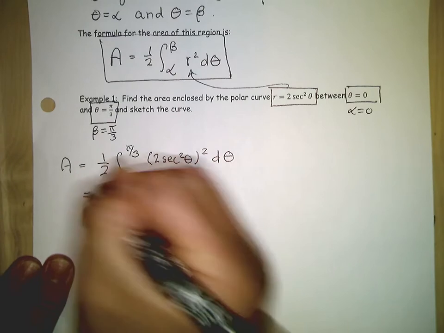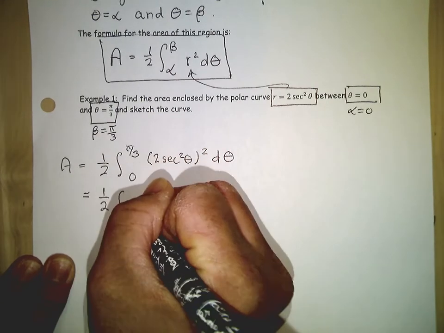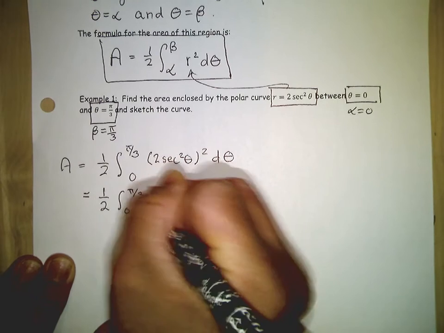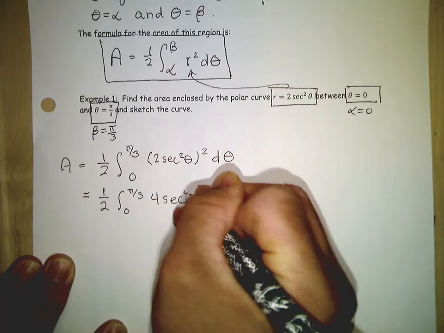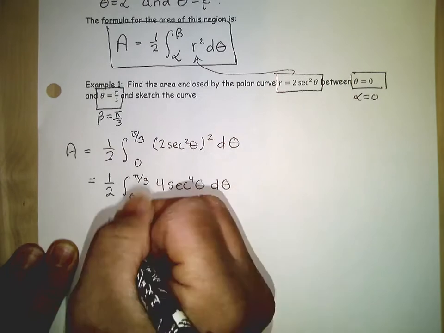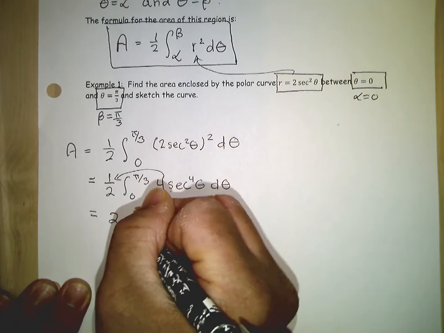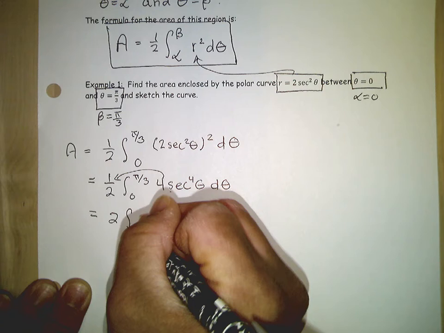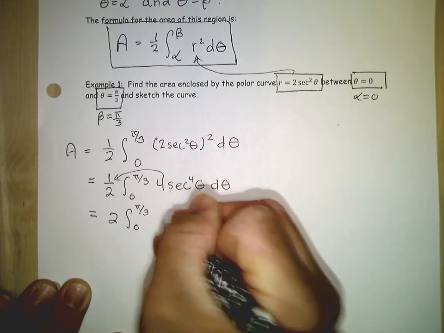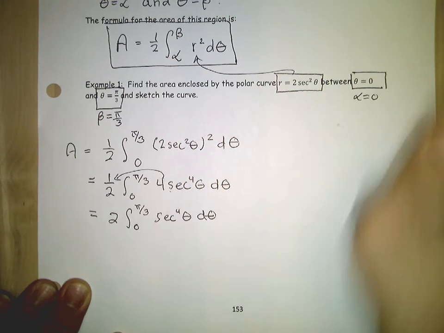Now, let's go ahead and square this here. So we have 1/2 integral from 0 to pi over 3 of 4 secant to the 4th power theta d theta, and then move the 4 out in front, so 4 times 1/2 is 2, so 2 times the integral from 0 to pi over 3 of secant to the 4th power theta d theta.